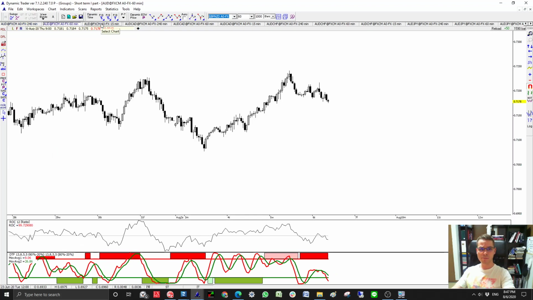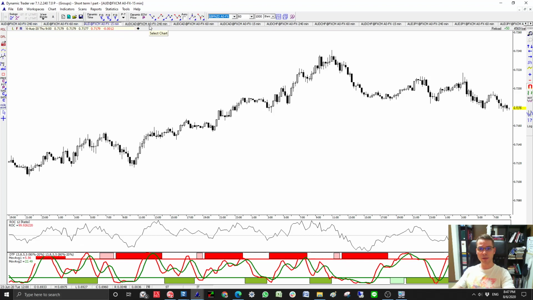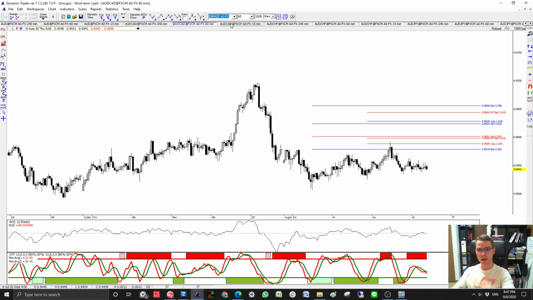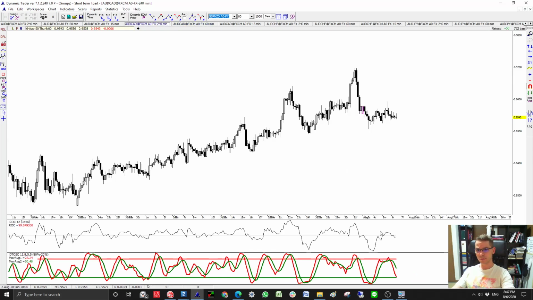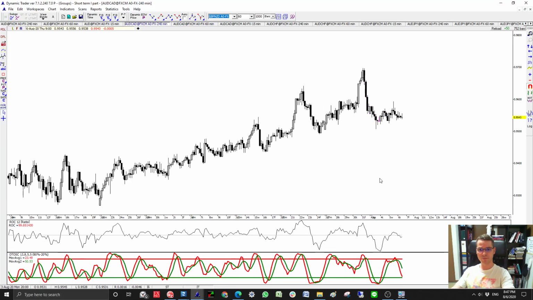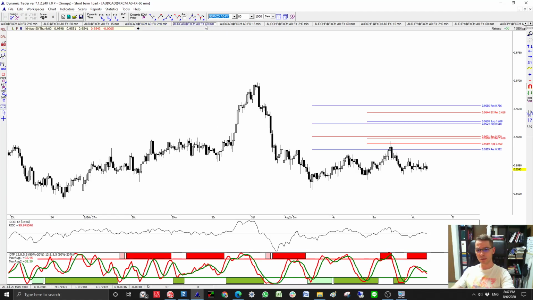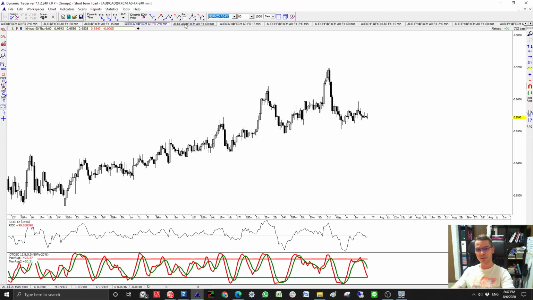I've been through them a couple of hours ago, and there was nothing really interesting happening. Aussie CAD showing some correctiveness here, but the momentum on the higher time frame, 4 hour, is not nice right now.